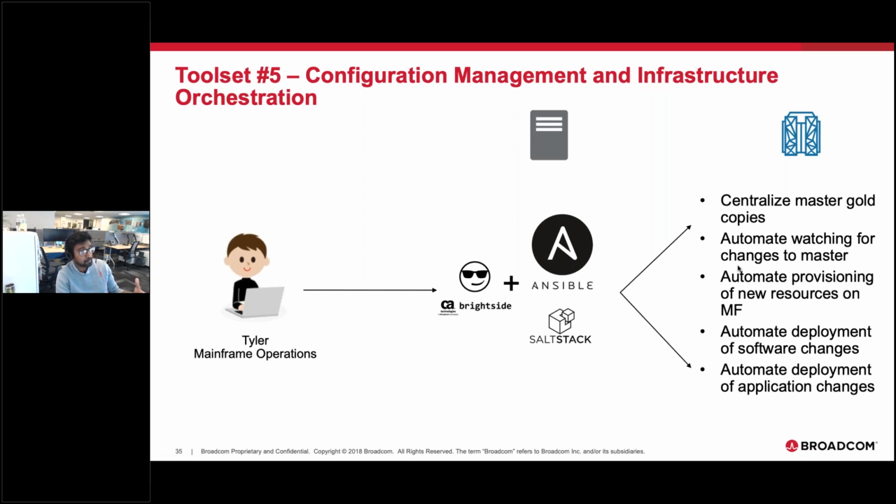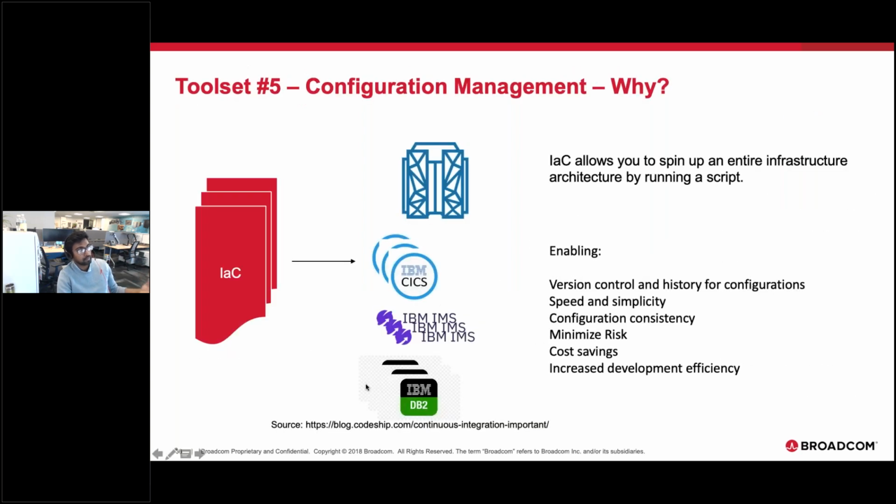And as changes are made to them, these tools can help with automating new resources on the mainframe. And then finally, automating the deployment of software changes, whether that's vendor software, native z/OS software, or deploying your application changes as well. And this is really where the concept of infrastructure as code comes into play.